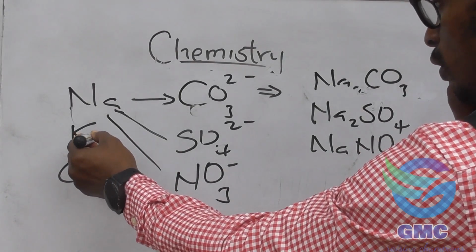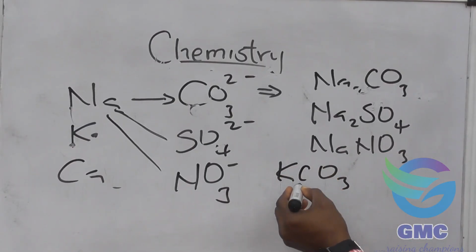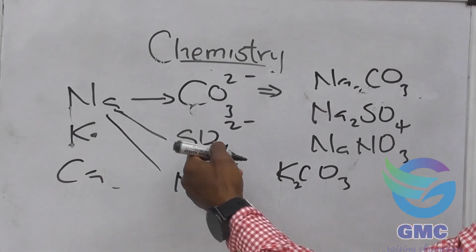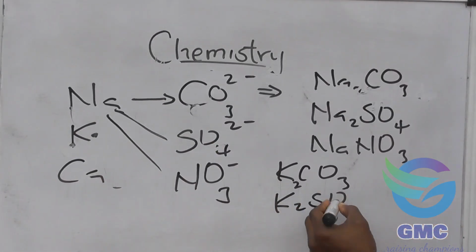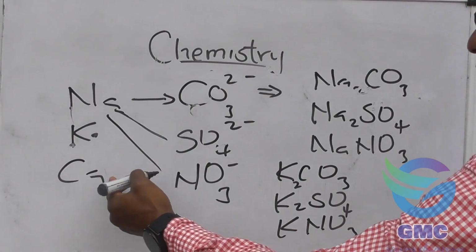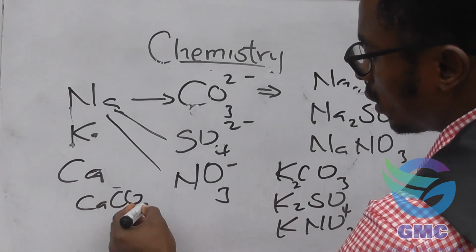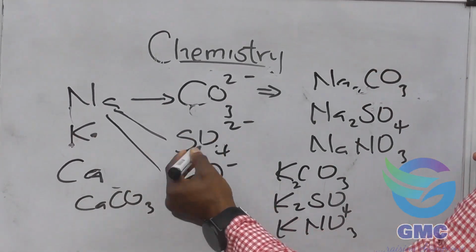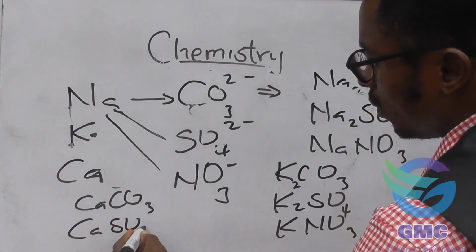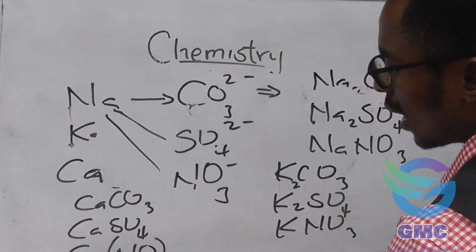If we take potassium with each of them, we have potassium carbonate, potassium sulfate, and potassium nitrate. If we take calcium with this, we have calcium carbonate, calcium with this, calcium sulfate, and calcium with this, we have calcium nitrate.